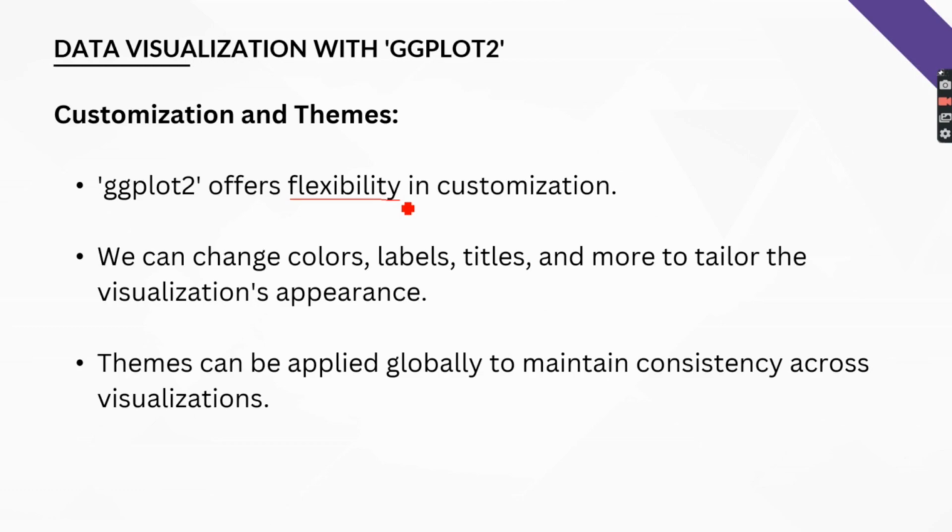The columns we want to use, the columns we don't want to include, the type of color we want, the type of design we want. It offers a high level of flexibility. Then we can also change colors, we can label, we can give titles. We can tailor a lot to its visual appearance. And again, themes can be applied globally to maintain consistency across visualizations.